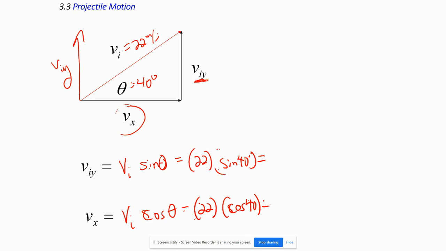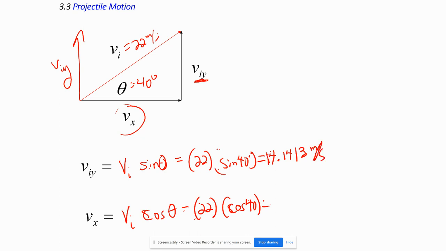Make sure your calculator is in degree mode or you're going to get wrong answers. So 22 times sine 40 is 14.1413, which keeps going, but that's good enough.